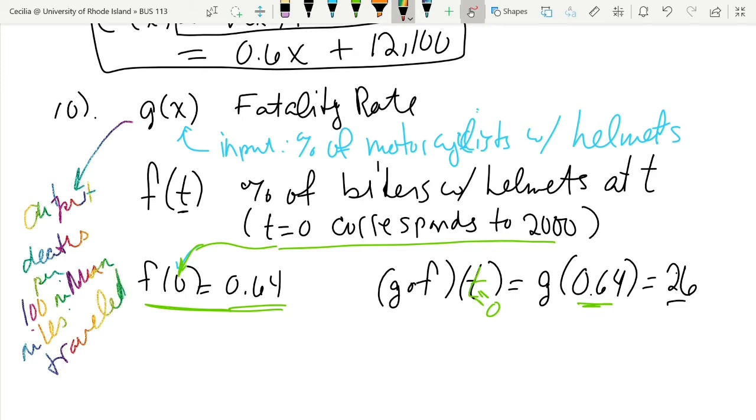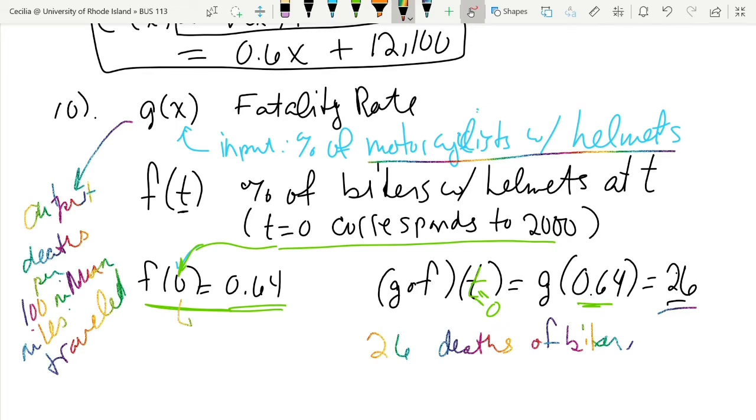Okay, so that means that we have 26. So to interpret it, we have 26 deaths amongst bikers who wear helmets, right? Because that's our input, was motorcyclists with helmets.